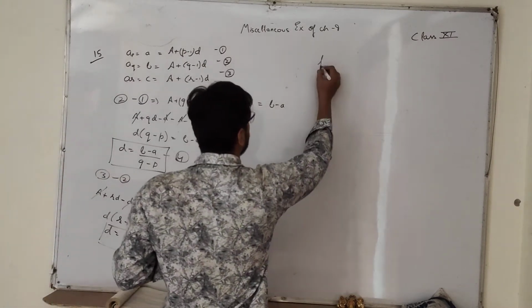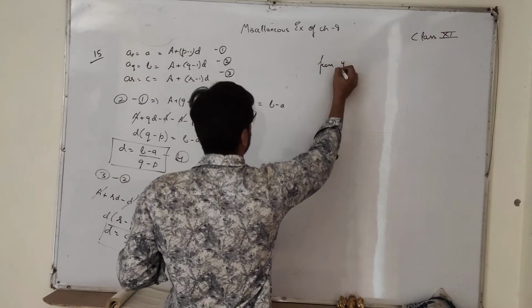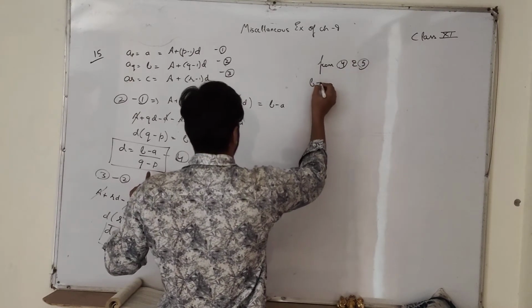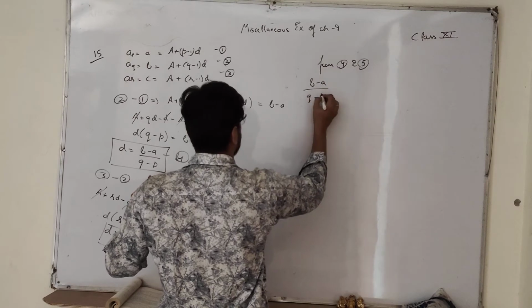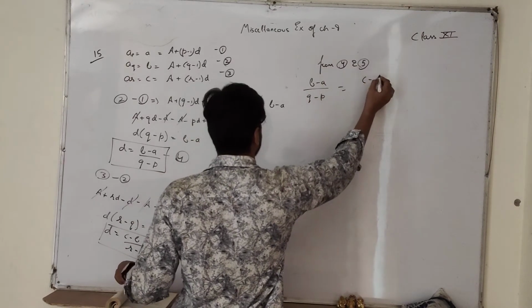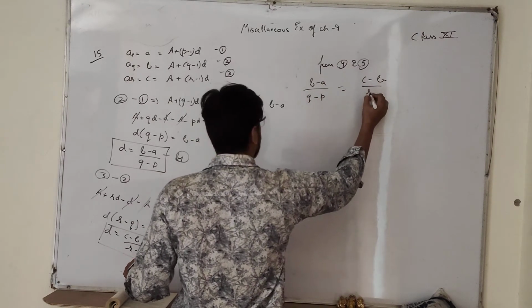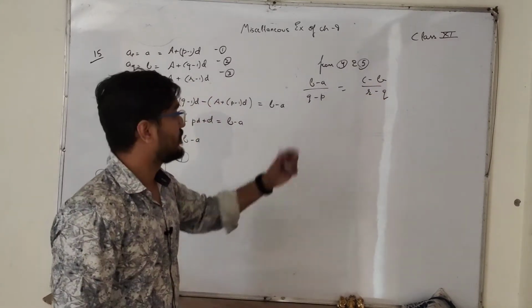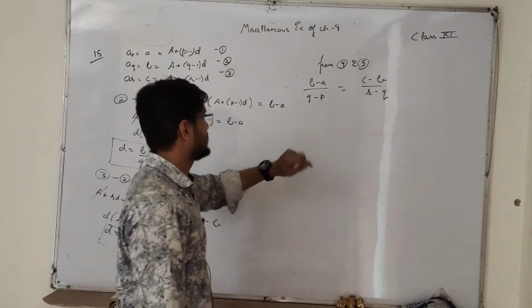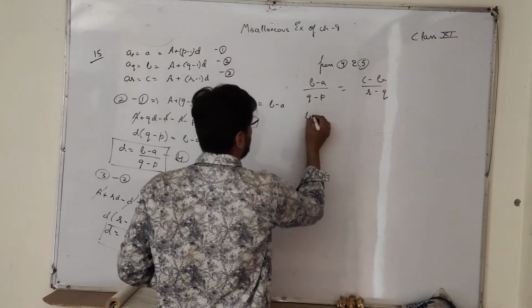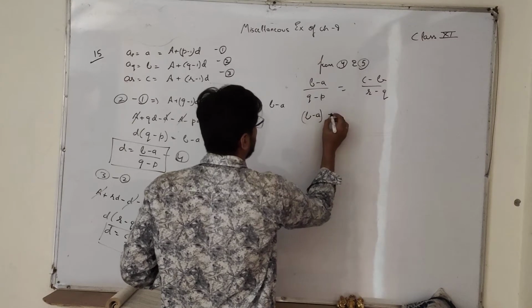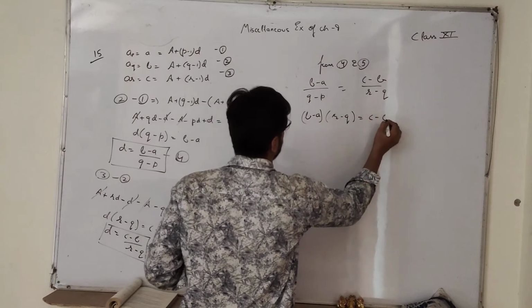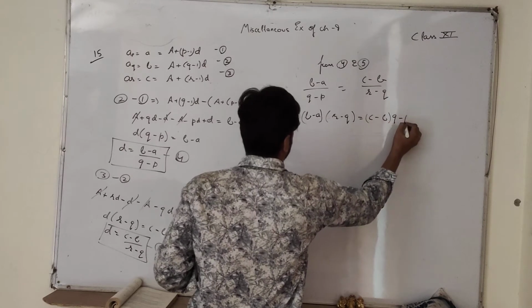So let's compare the values. From the fourth and fifth, we can say (B minus A) upon (Q minus P) is equal to (C minus B) upon (R minus Q), since both the equations are equal. So let's cross multiply. So (B minus A) multiplied by (R minus Q) is equal to (C minus B) multiplied by (Q minus P).